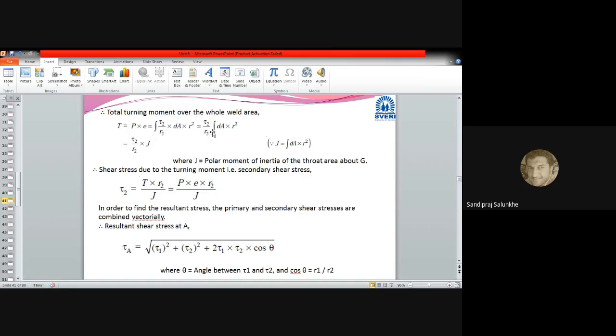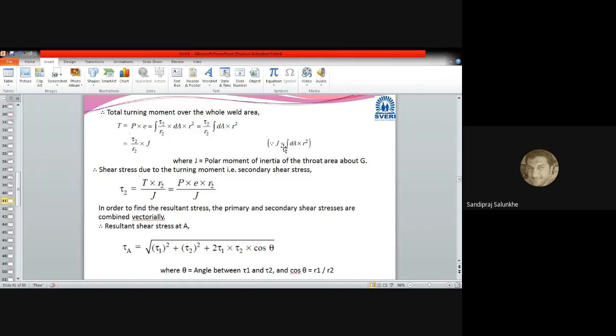These are for the point which is having maximum shear stress. And dA is the variable. We are going to take the whole area, and r is nothing but the distance of that dA from the CG, so r is also variable. So here we take the integral of dA into r square, which we consider as J, the polar moment of inertia of that throat area about the CG.